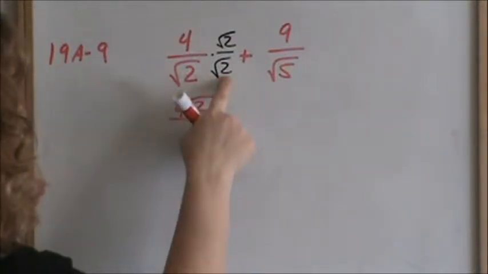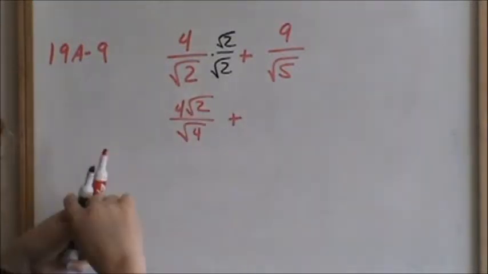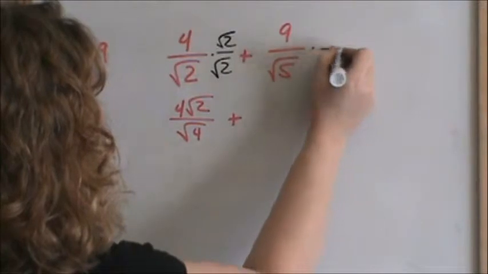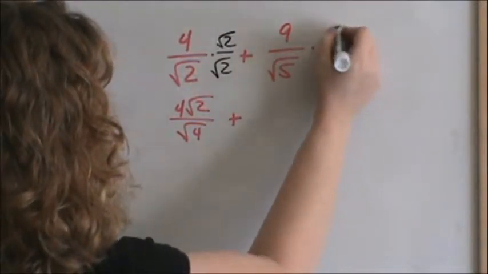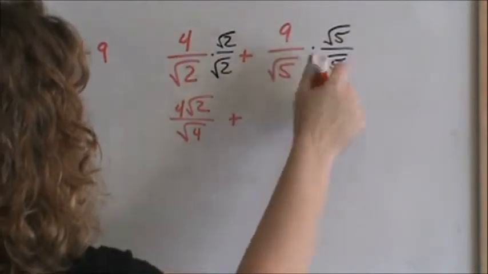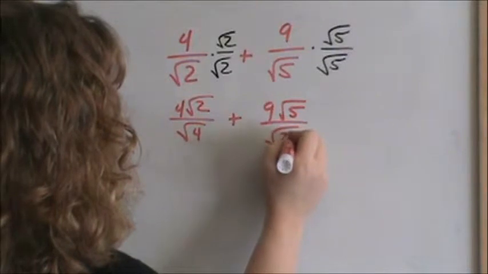Square root of 2 times square root of 2 is square root of 4. We're adding. Our second fraction, we have to multiply it by square root of 5 to get rid of the radical in the denominator. So our new fraction is 9 times square root of 5 all over square root of 25.